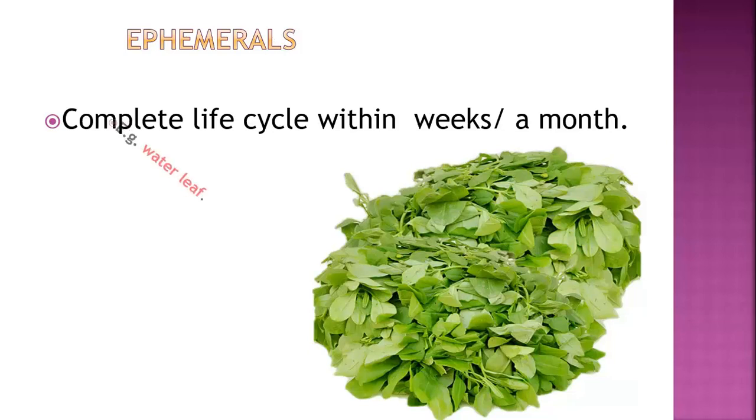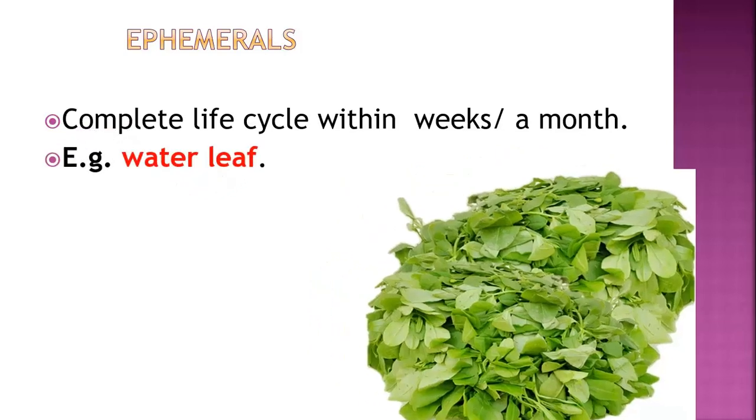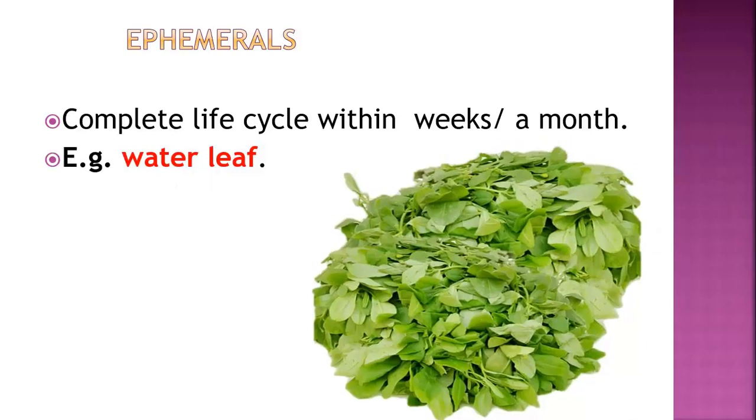These plants are referred to as water leaf, and as you can see, it's a very interesting vegetable that grows within one drying season. In fact, it does not complete a whole year. You can grow it during the rainy season within months, and you can grow it during the dry season within months. It's a very useful vegetable in Nigeria. It has a very short life cycle. This is the one that we call ephemerals.